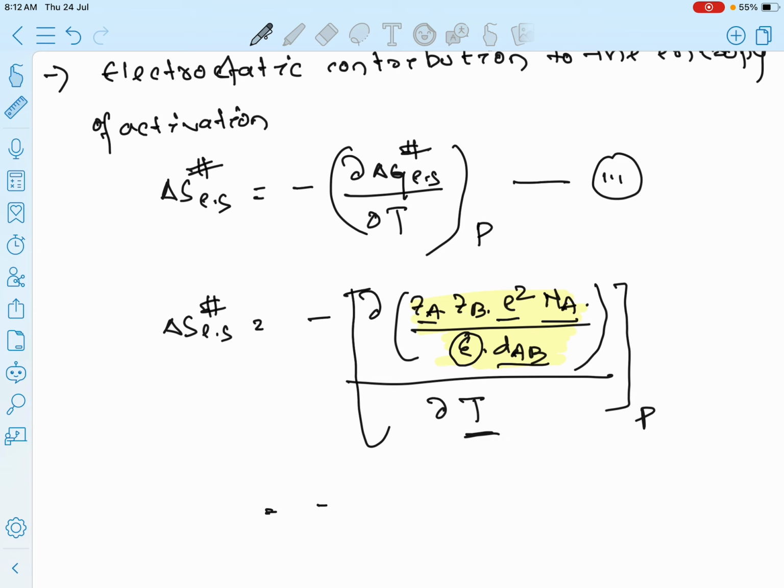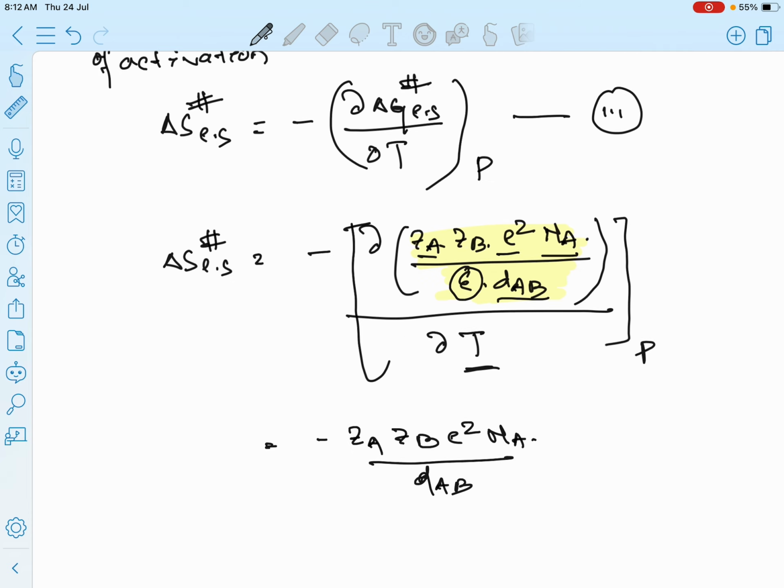So we will keep the constant terms, or the terms which do not vary with respect to temperature, aside from the differentiation, and as there are no more terms, we will use d, keeping pressure constant.